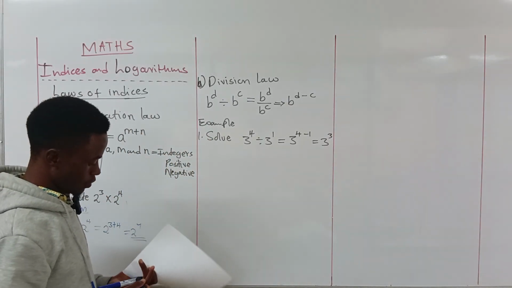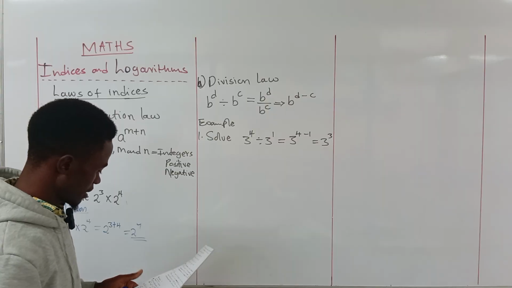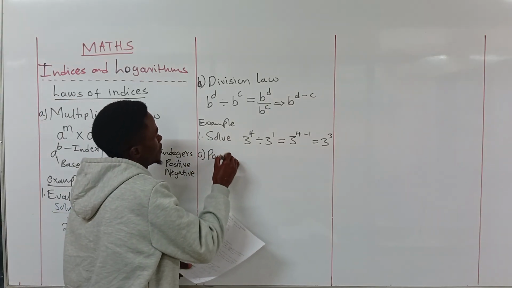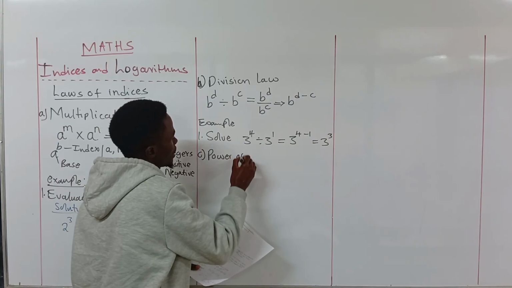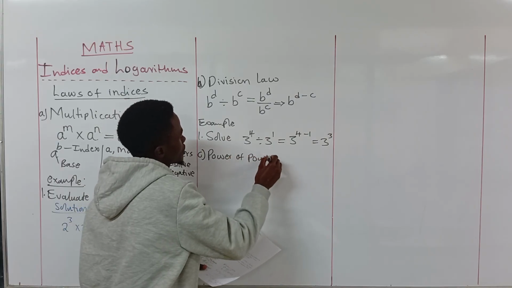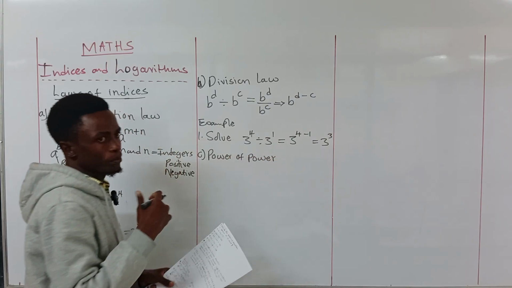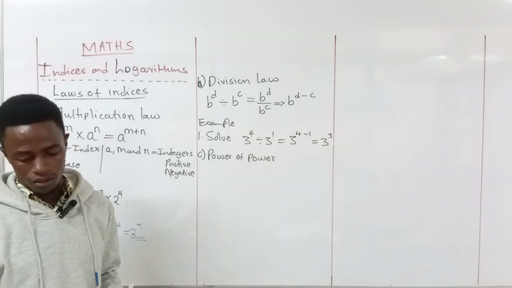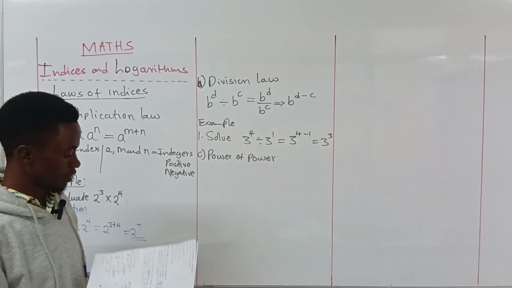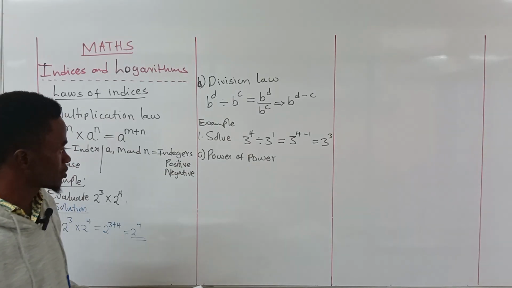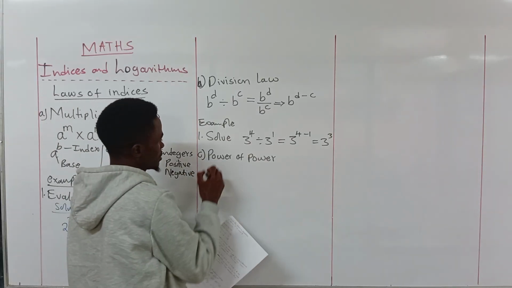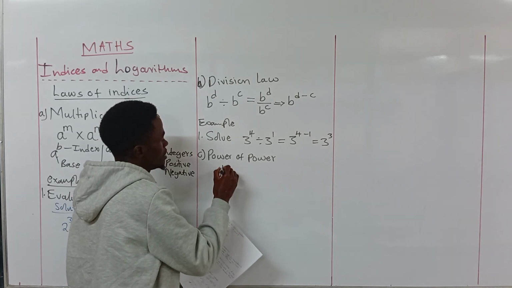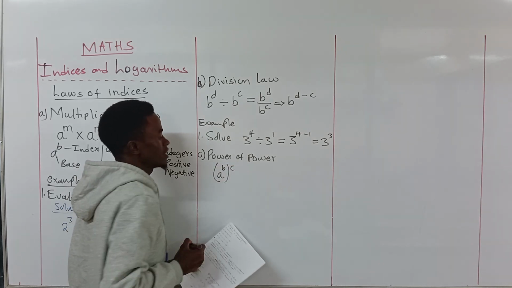So the next law which we want to look at is the power of powers. There are so many ways it can be defined. These are principles or guidelines in solving most of our problems involving indices and even part of the logarithm. In this case, we have an index number, let's say a raised to b, and again it is raised to c.